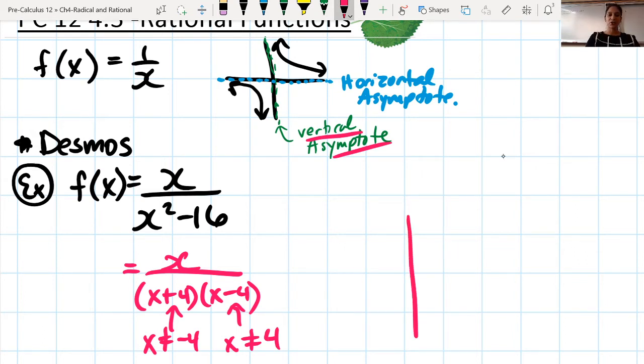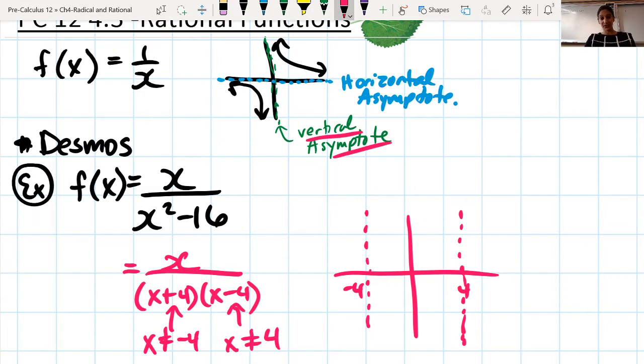So to show you what's happening, what that means is on our graph, we would have a vertical asymptote at negative 4, and at positive 4. So this is how the algebra translates to the actual graph. So getting a 0 in the denominator is not allowed.